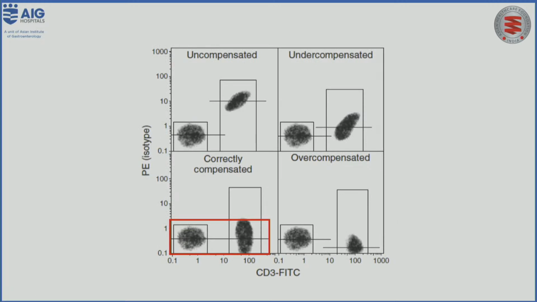The basic rule of thumb in compensation is that whatever populations we get in the flow cytometry, the populations have to be on a straight line. The center of the population should match with the other population. This is called correctly compensated. Otherwise the population will be undercompensated or overcompensated.